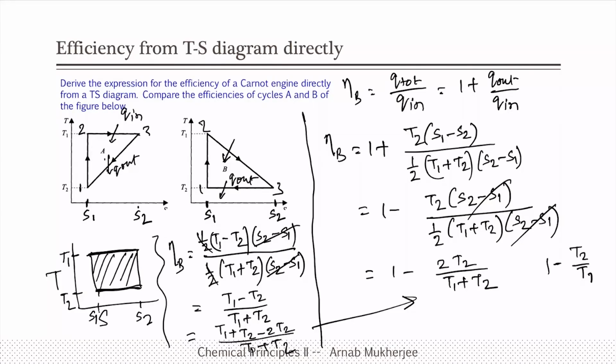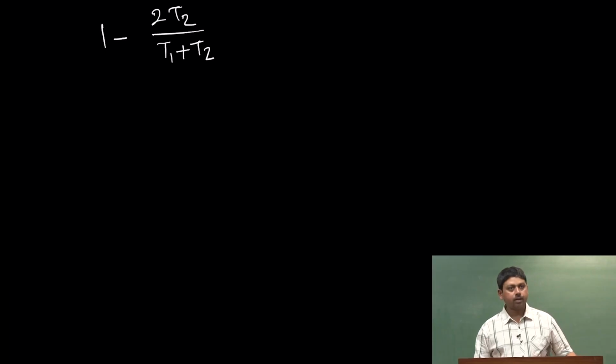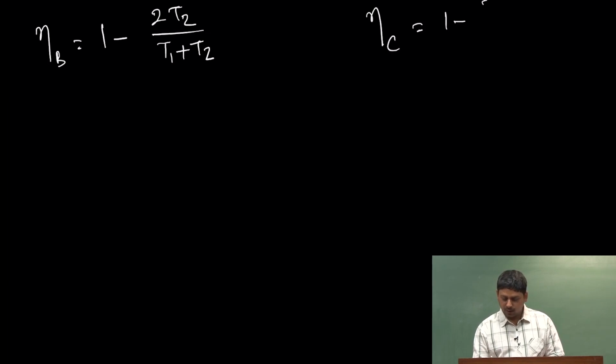So this is 1 minus 2 T2 by T1 plus T2. This is the efficiency of engine B, and the efficiency of a Carnot engine is 1 minus T1 by T2.